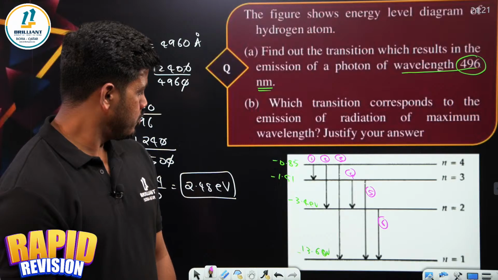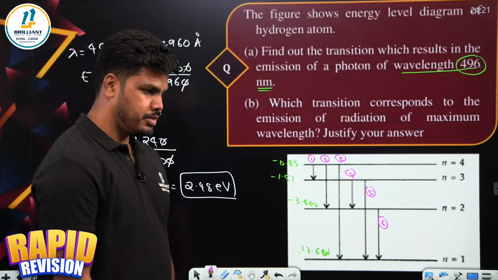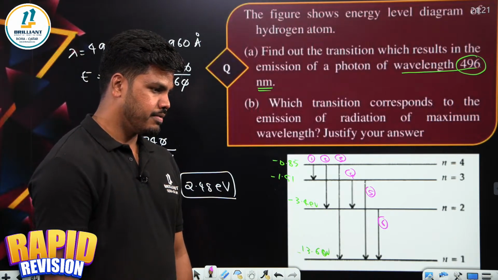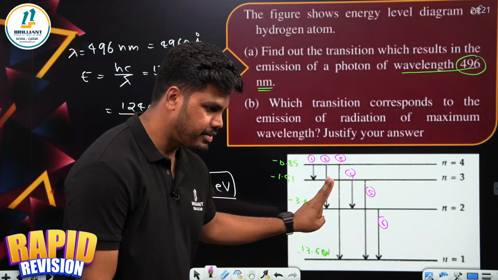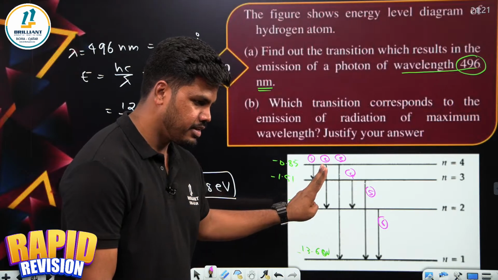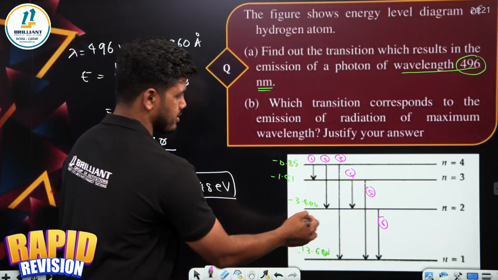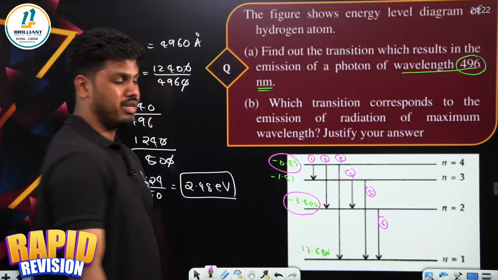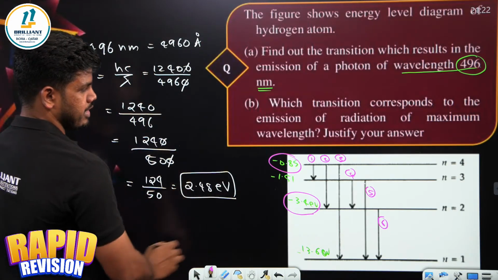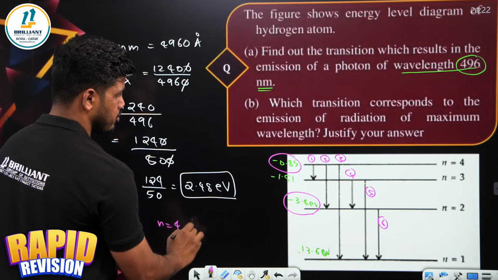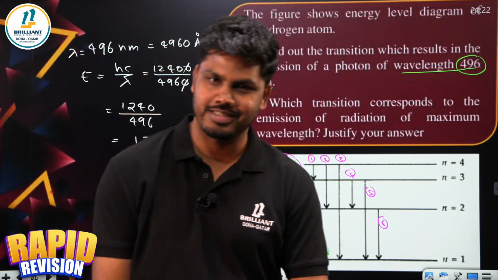Is it 3 to 2? 2.48. Yes, transition 2 is within. Correct, transition 2. We can just subtract these two and you will get the correct answer, approximately 2.5. Correct? Yes, so transition 2. So you have to say n is equal to 4 to n is equal to 2. This transition gives that wavelength of 496 nanometer.